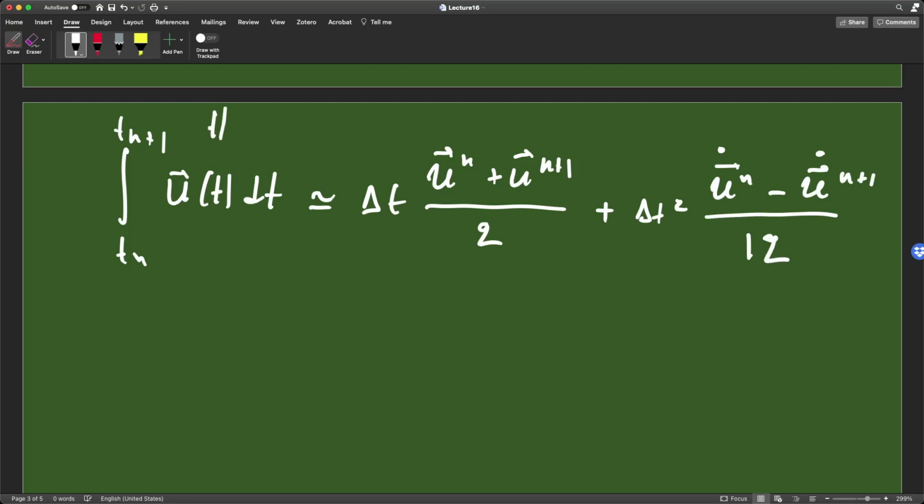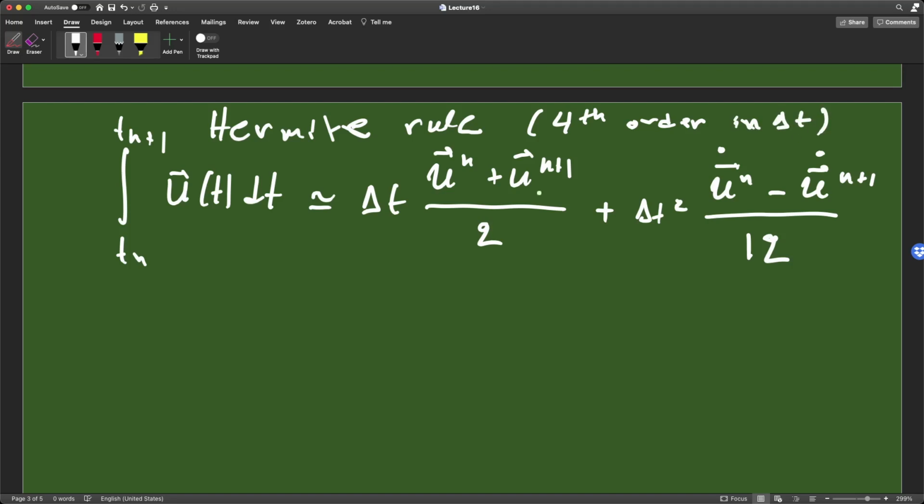So that's the familiar Hermite rule that we have seen in the numerical integration video, and that's fourth order in delta t.